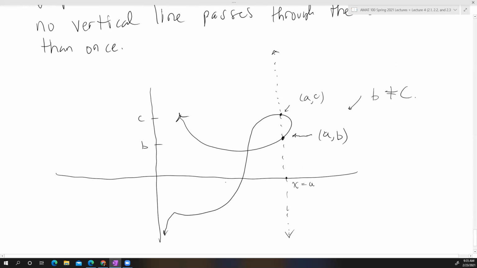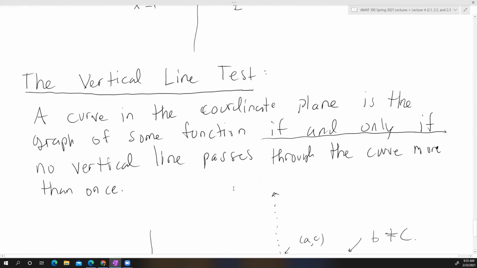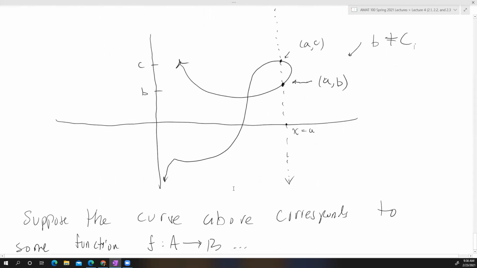B does not equal C. So now, if you look at this graph, what this says is that f of A, if you plug in A to the function, you'll get B, but you'll also get C, right?